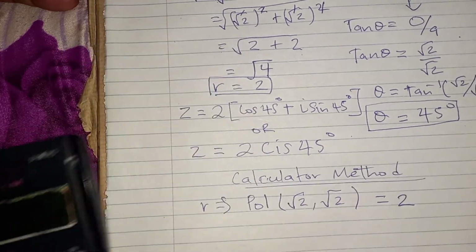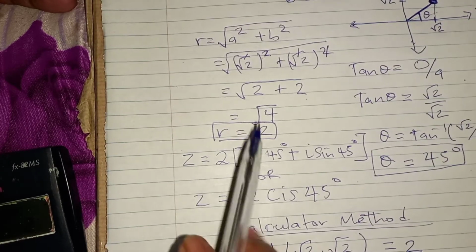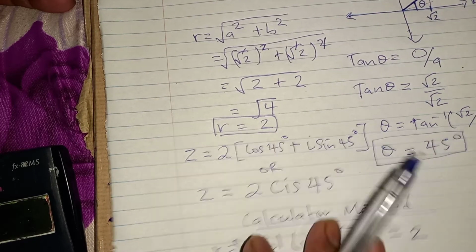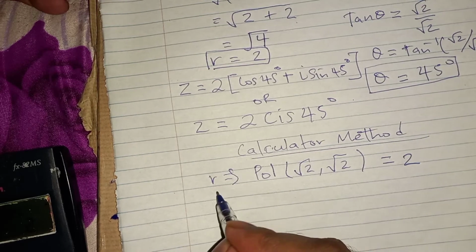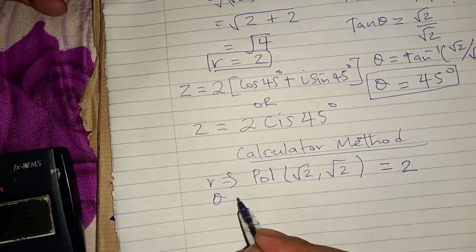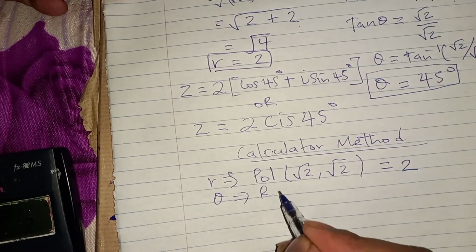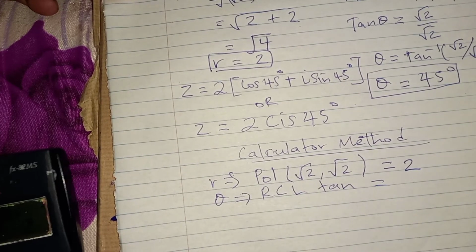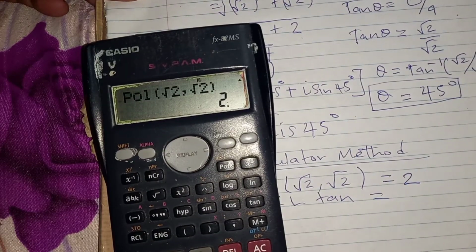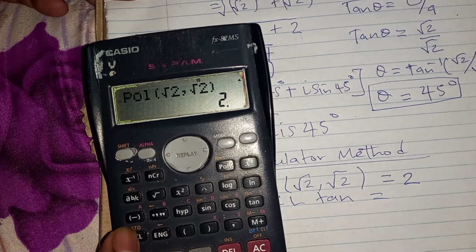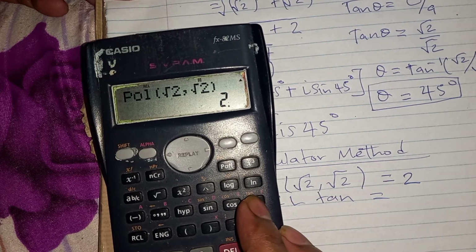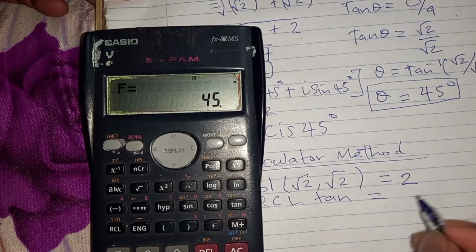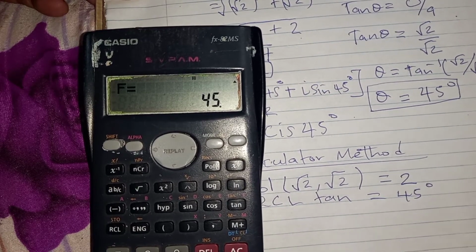There you get 2, and in the calculation method you also got 2. Now to get the value of theta, you press RCL tangent, and you get 45 degrees.